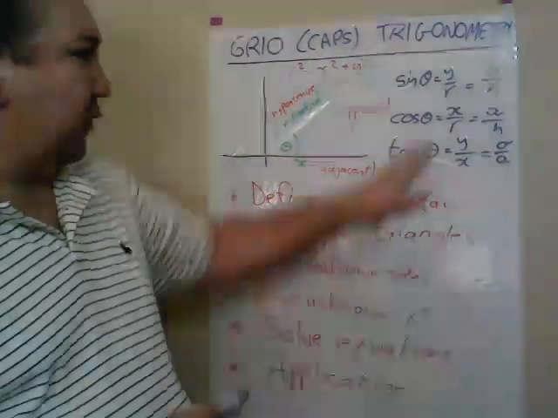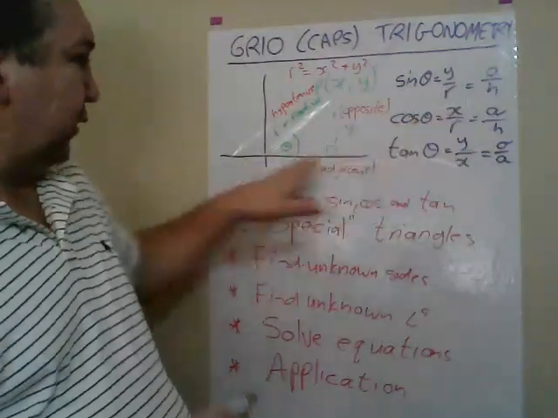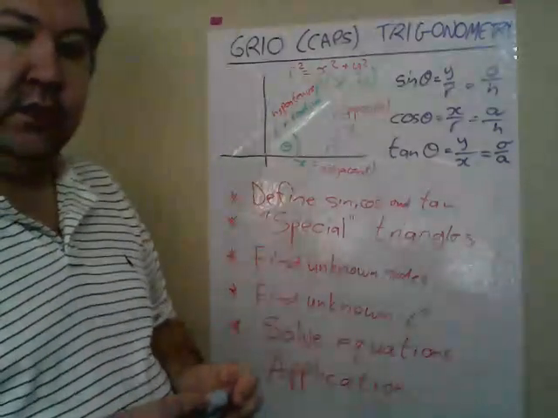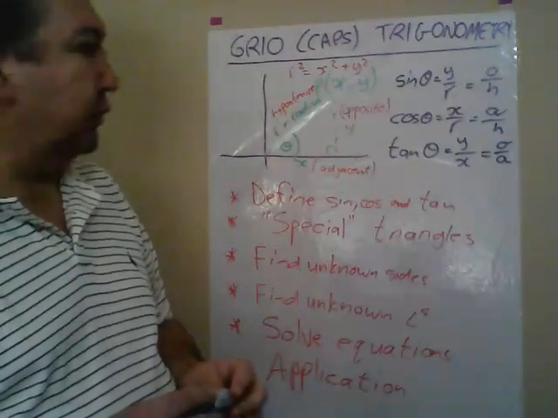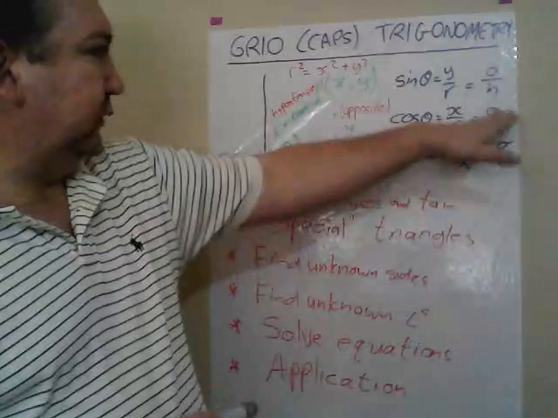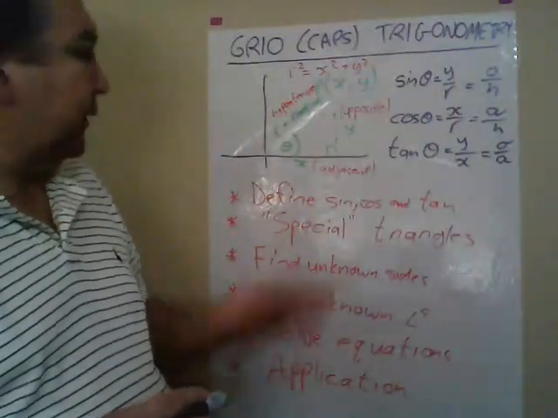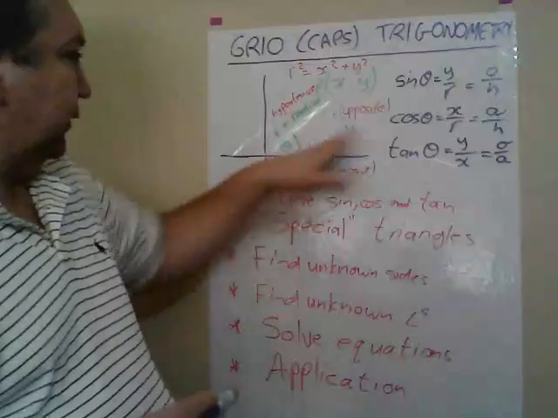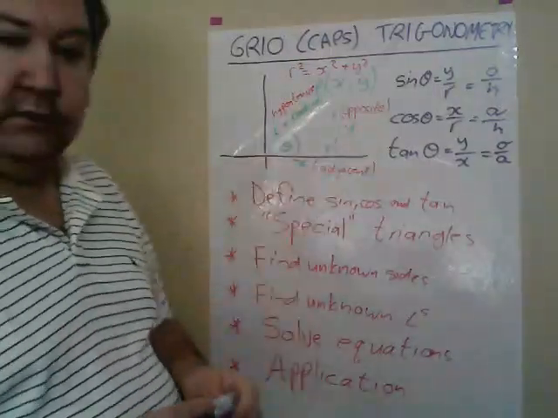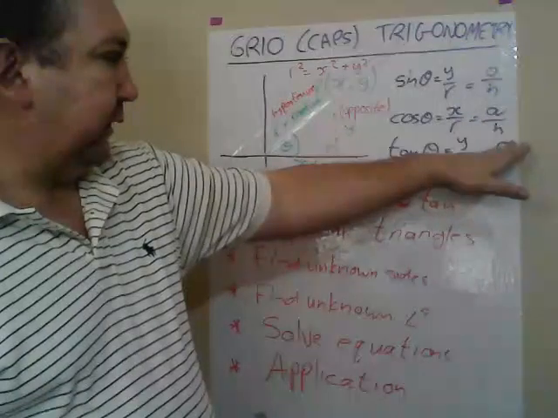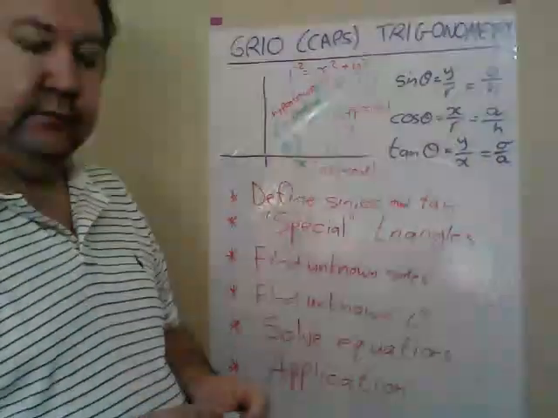Then we have cos, which is x over r, and we can also write that as adjacent over hypotenuse. And then finally we have tan of theta, which is y over x, and we can write that as opposite over adjacent.